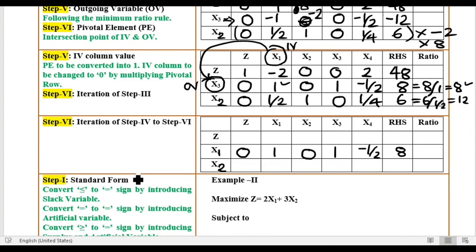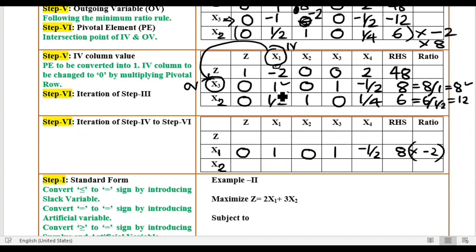So in this way we are going to write the other values. We'll multiply with +2 over here and add over here. So after multiplying this pivotal row with -2 and adding over here, in order to make this one equal to 0 and this one equal to 0.